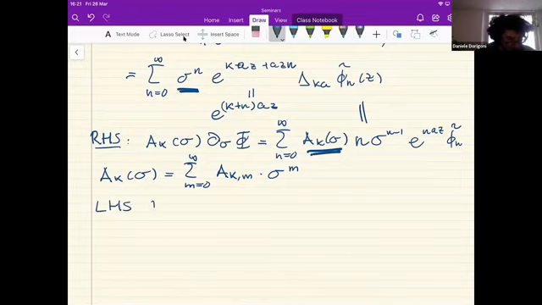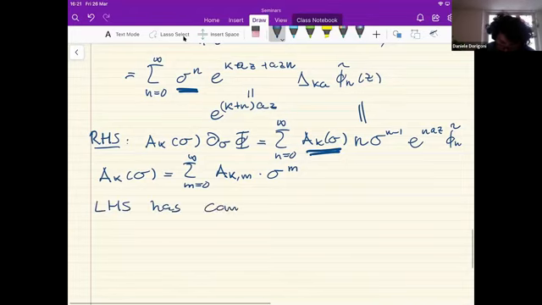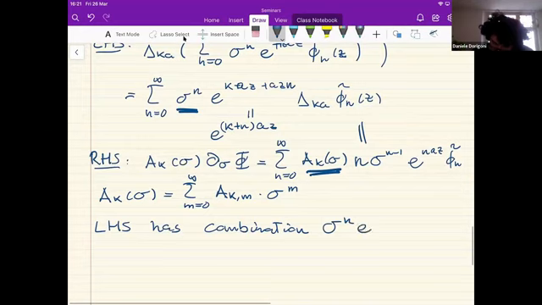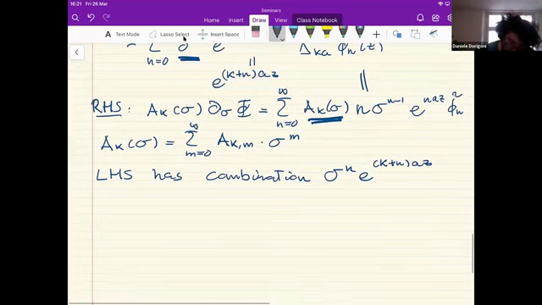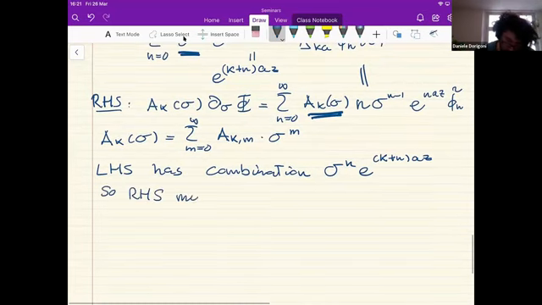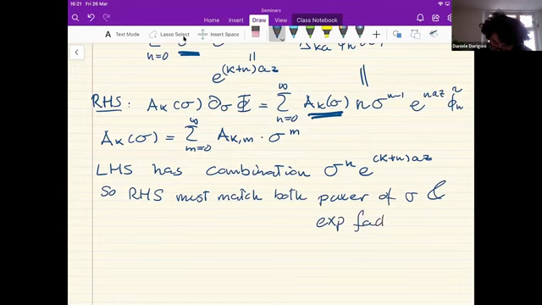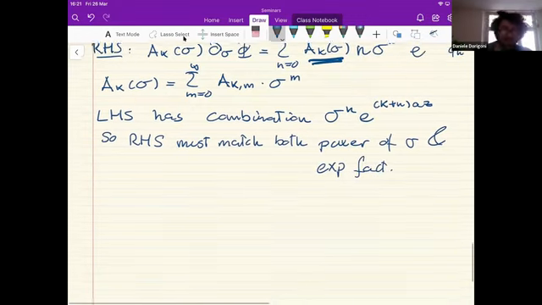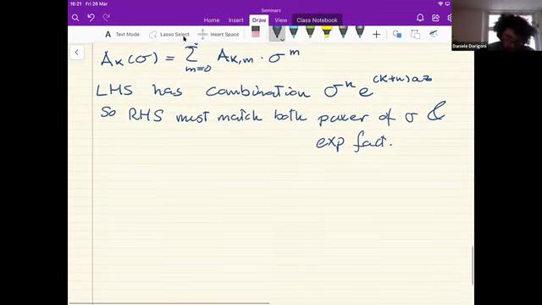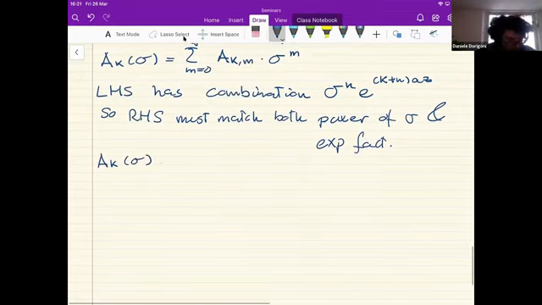The left-hand side has the combination sigma to the n, e to the k plus n, 8z. So the right-hand side must match both the powers of sigma and the exponential factor. So if you do this little calculation, you will see that the only possible solution is for ak of sigma to be ak sigma to the 1 minus k.